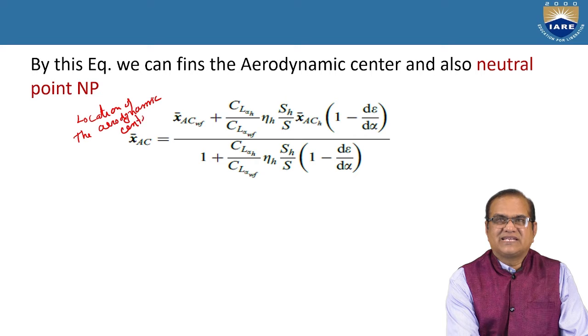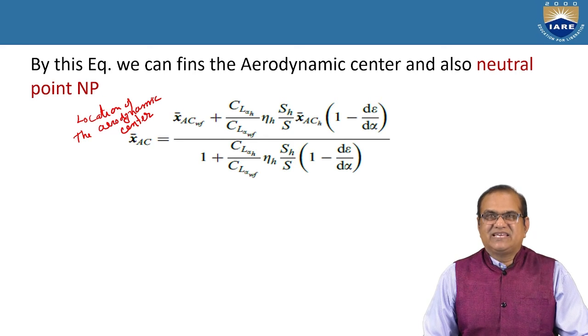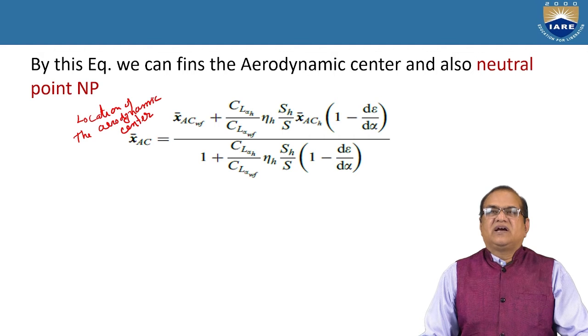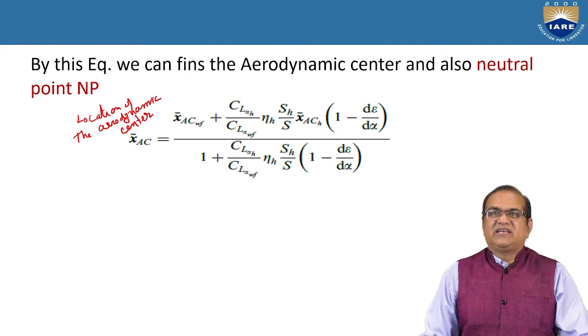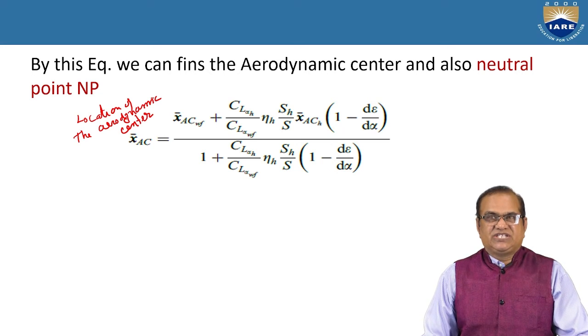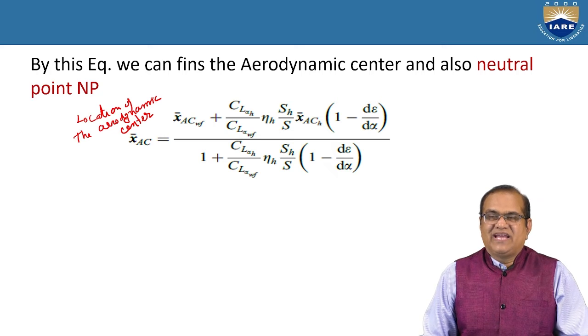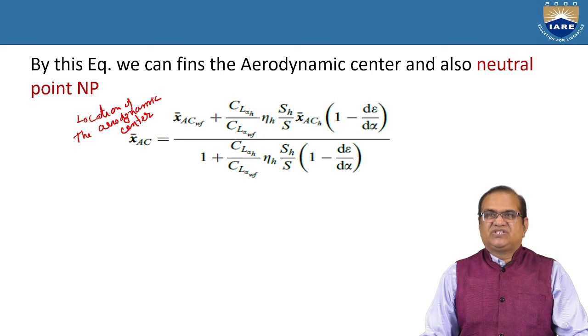If we want to find out the location of the aerodynamic center, x bar AC is equal to x bar AC of wing and fuselage plus coefficient of lift at angle of attack with horizontal tail divided by CL, coefficient of lift of wing and fuselage at the same angle of attack, eta h SH by S, x bar ACH, 1 minus d epsilon by d alpha, divided by 1 plus CL alpha H plus CL alpha WF eta H SH by S, 1 minus d epsilon by d alpha.